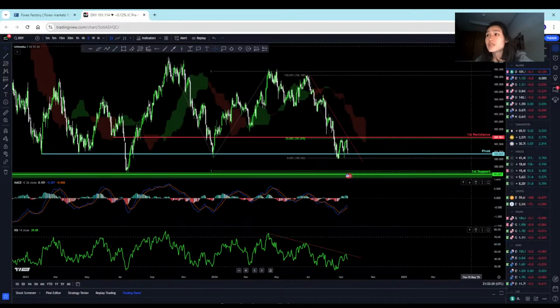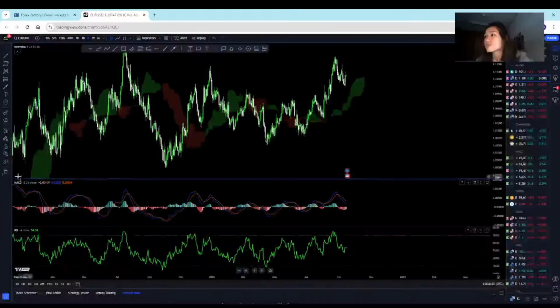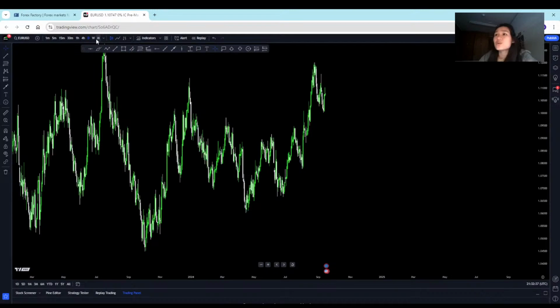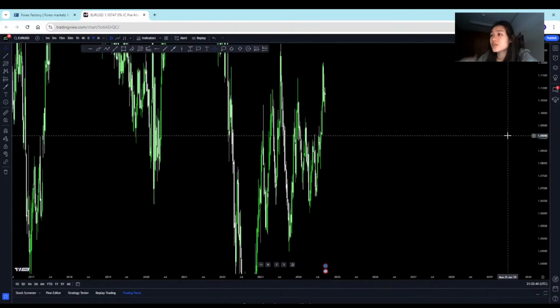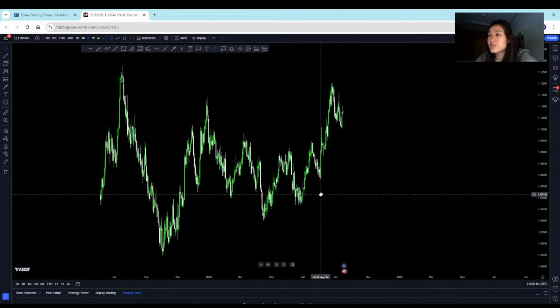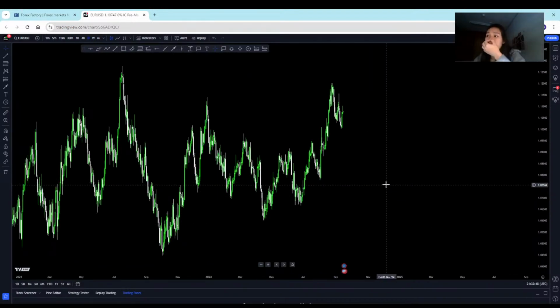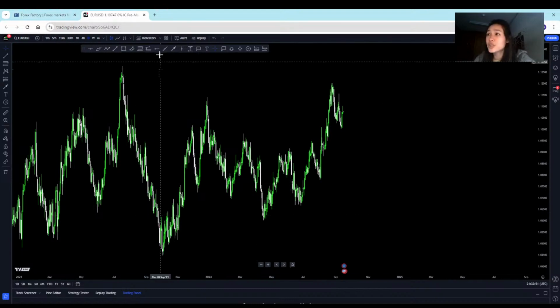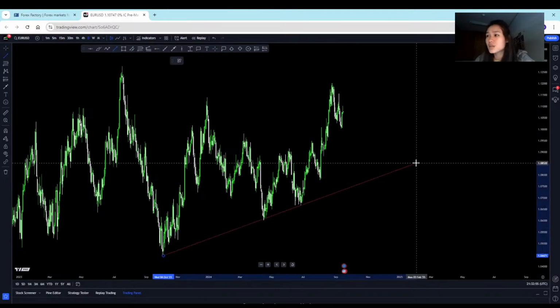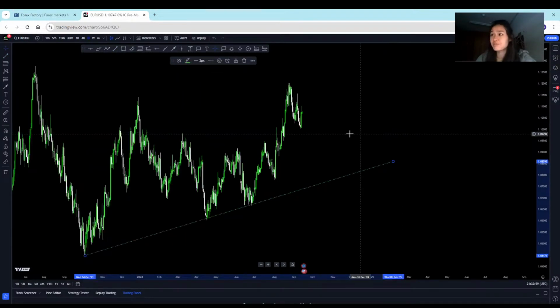Okay, now let's start on our euro dollar. Okay, so on our weekly time frame, we can see prices moving upwards, right? And on our daily time frame, you can see prices also generally on an uptrend here. We have prices kind of moving in this ascending trend line.